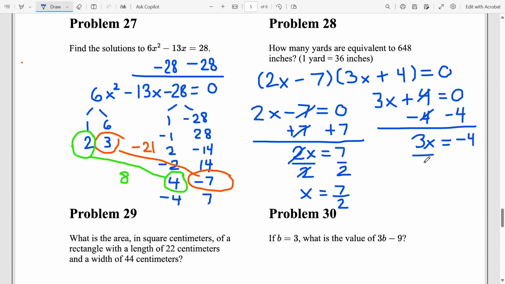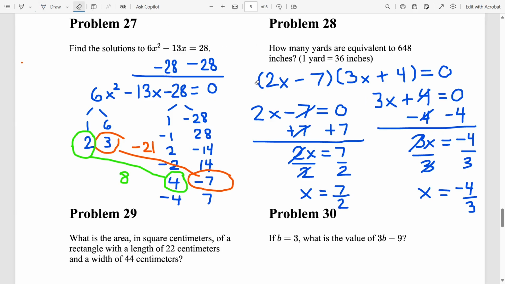And we're going to divide by 3. The 3's cancel over here, and we get x equals negative 4/3 as the other solution. So x equals 7/2 and x equals negative 4/3. Okay, if you need to pause the video and write that down, please do so now, because I'm going to go ahead and erase that so we can do problem 28.